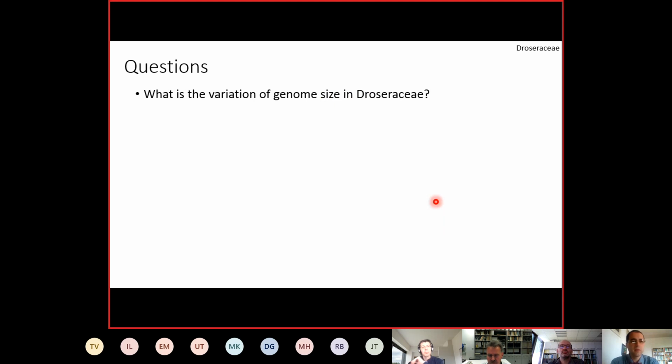Again, in this family, we have been curious what's the variation of genome size in Droseraceae, and quite expectedly, we have been curious whether we can find any genomes as miniature as in the previously researched Lentibulariaceae.